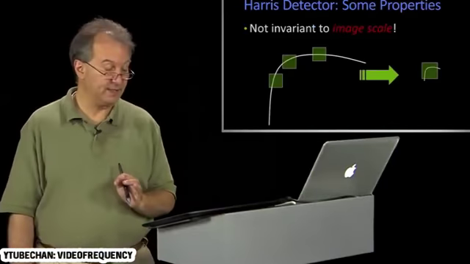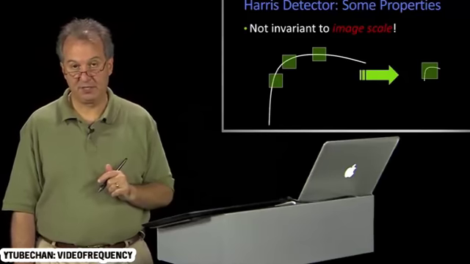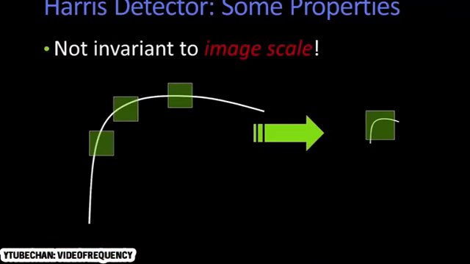Well, what'll be clear is it is not invariant to image scale. So here we have two different curves. Here I have my original curve like this, and here I've just zoomed out and I have a much tighter curve like that. And the little boxes here are meant to be the size of the window.